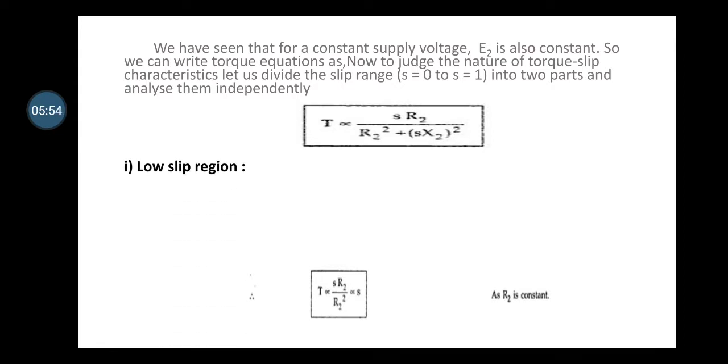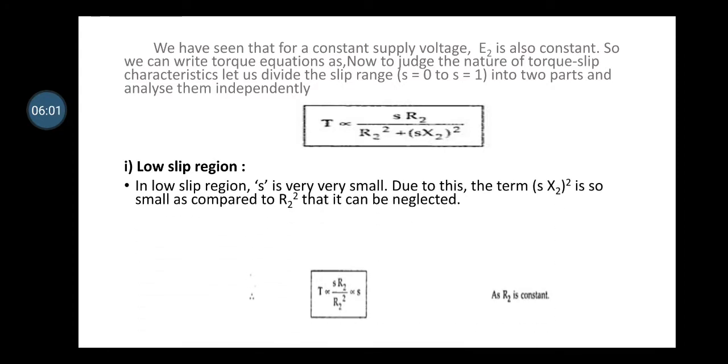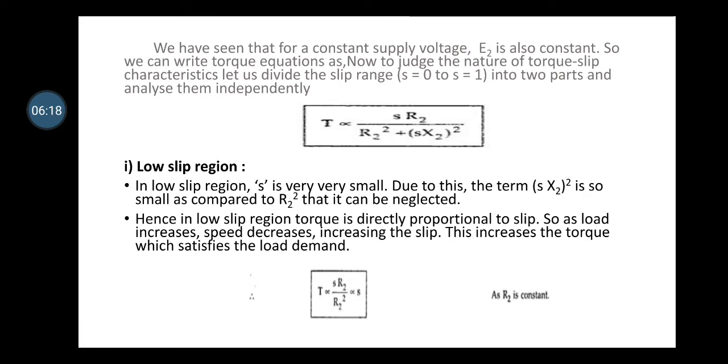The first region is the low slip region, in which S is very small. That's why the term S square X2 square is neglected as compared to the term R2 square. So in the low slip region, torque is directly proportional to the slip.